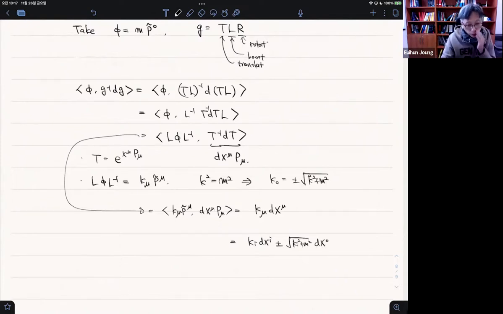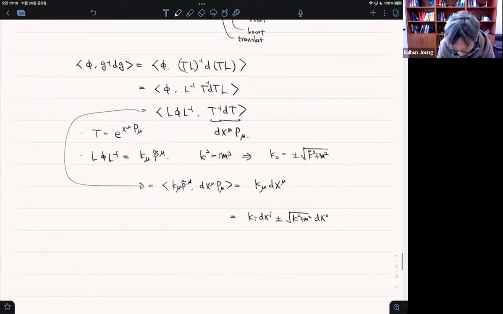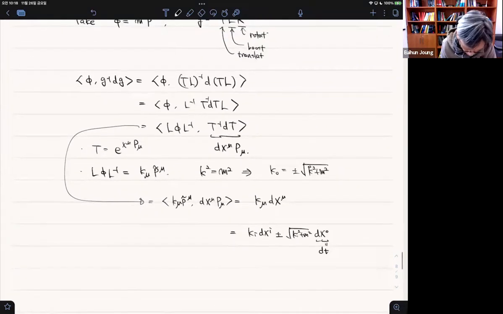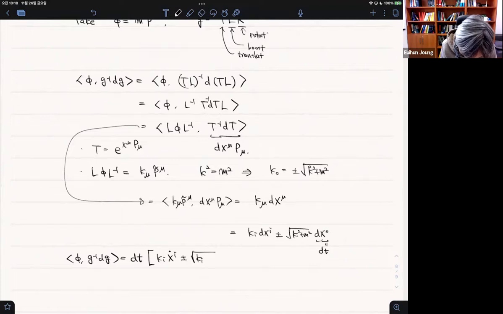And then by pulling out these, x0 is t. So this is t. We simply get phi g inverse dg is the integral dt times Ki xi dot plus minus square root K square plus M square.